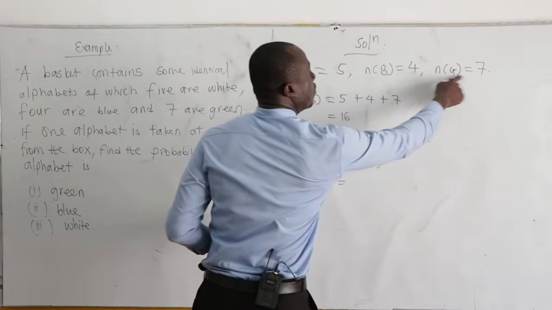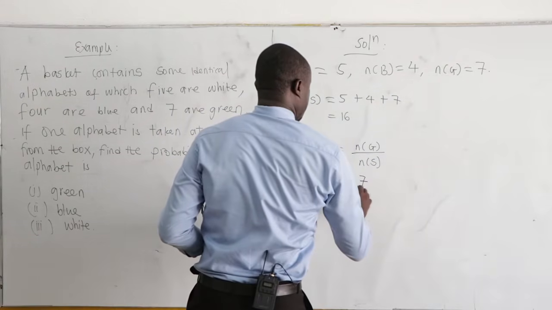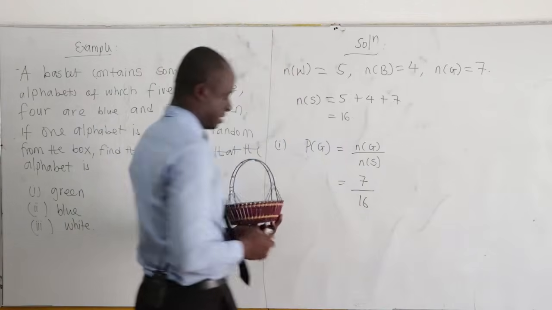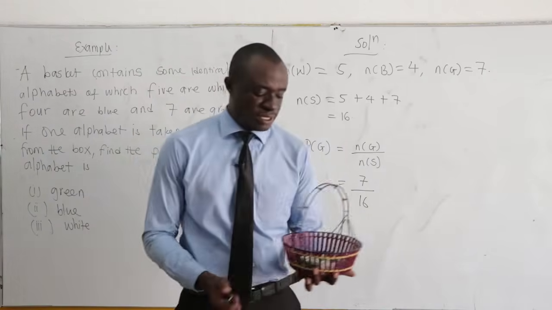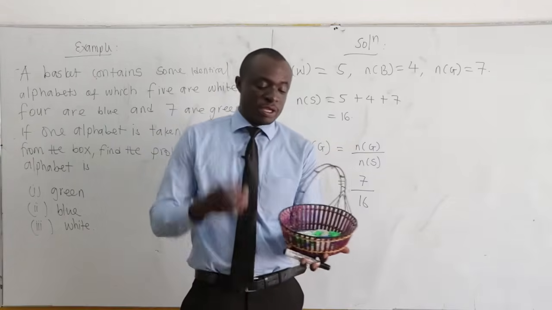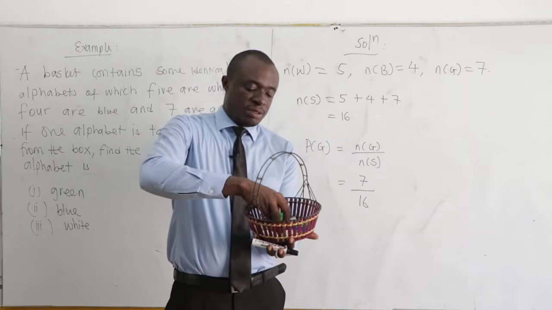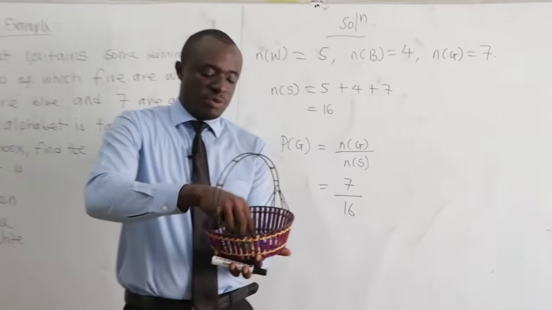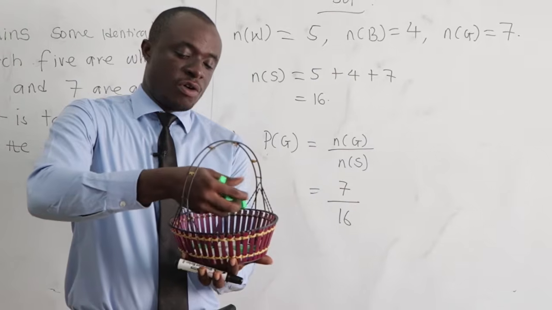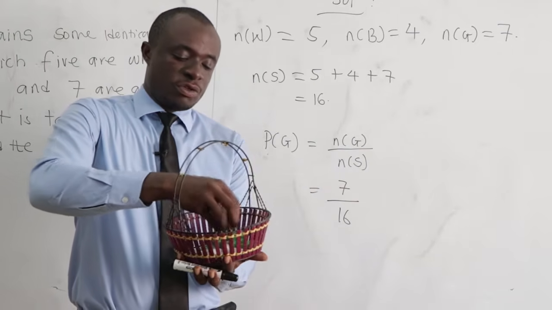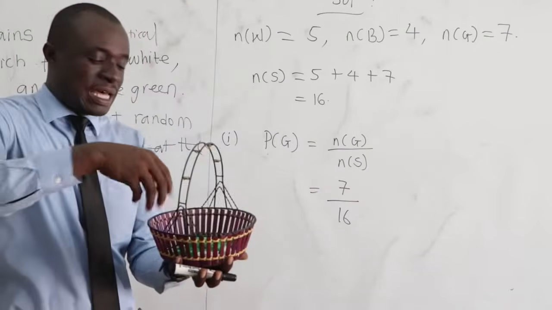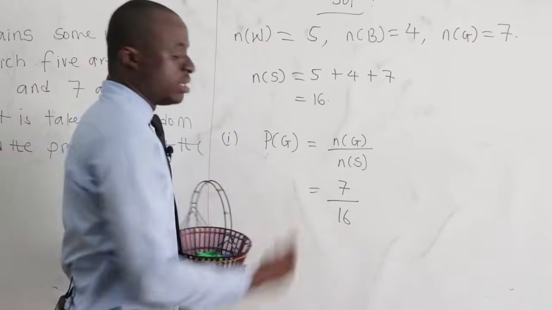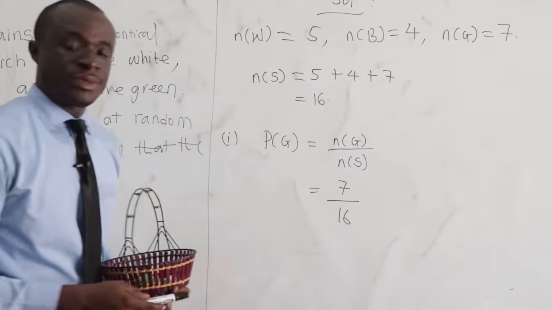The number of greens is 7: 1, 2, 3, 4, 5, 6, 7. All over the total, which should include the greens as well. So that would be 7 all over 16.